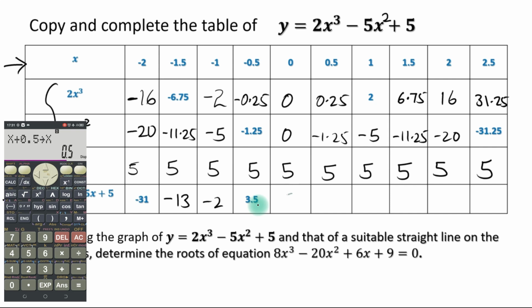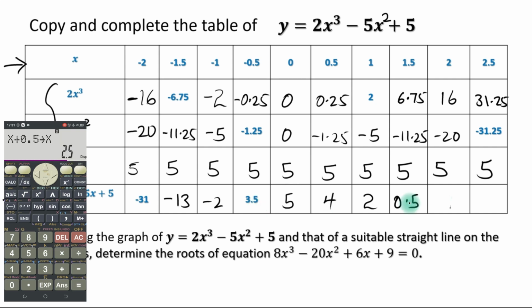When x is 0.5, y is 4. When x is 1, y is 2. When x is 1.5, y is 0.5. When x is 2, y is 1.